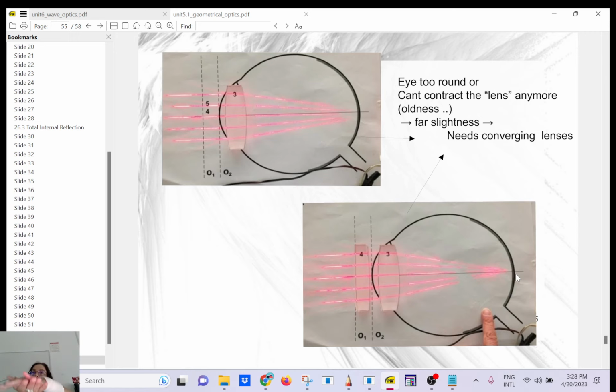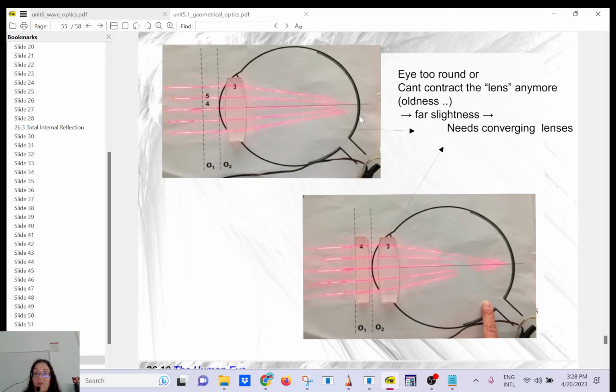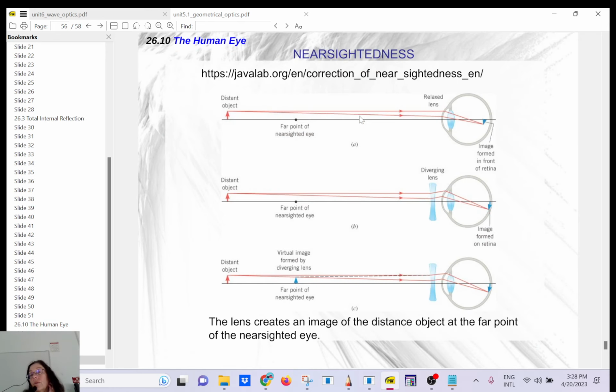Short-sighted is too flat, and far-sighted is too short, squeezed like this. Because it's squeezed, the image is formed there. You have to bring back the image at the right spot. Is that interesting? So that goes if you are in health. You never know what you're going to end up doing.